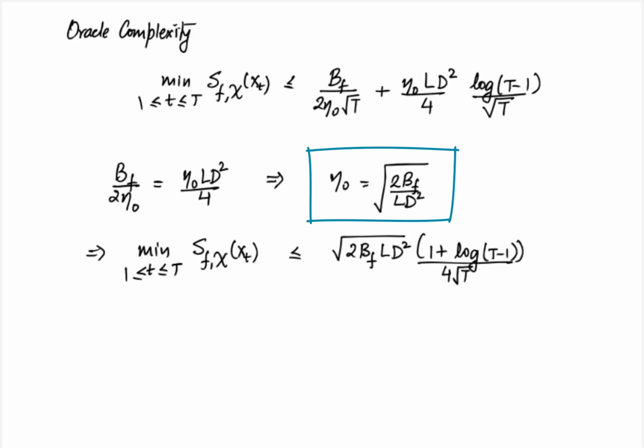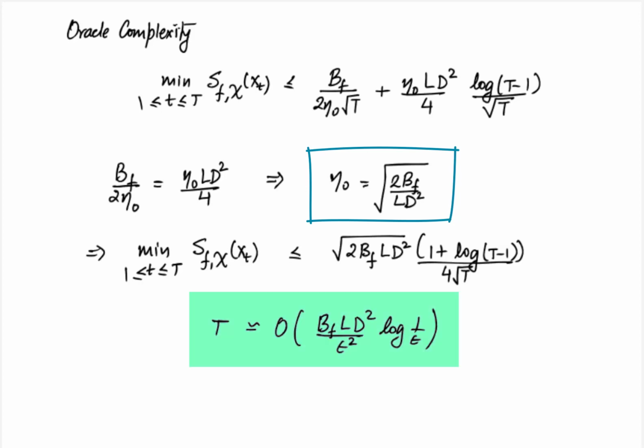So in this case, we have to roughly calculate the Oracle complexity. You can verify that in this case the Oracle complexity bound is roughly given by t equal to order bf ld square by epsilon square log 1 by epsilon. So you can verify by substituting t in the original bound. There will be a small additional term that we would have to ignore in that case.